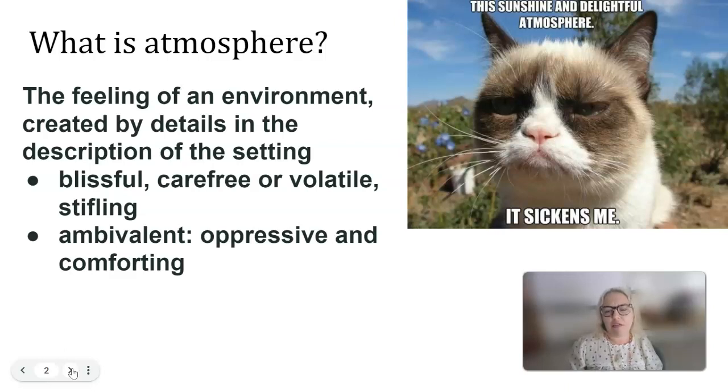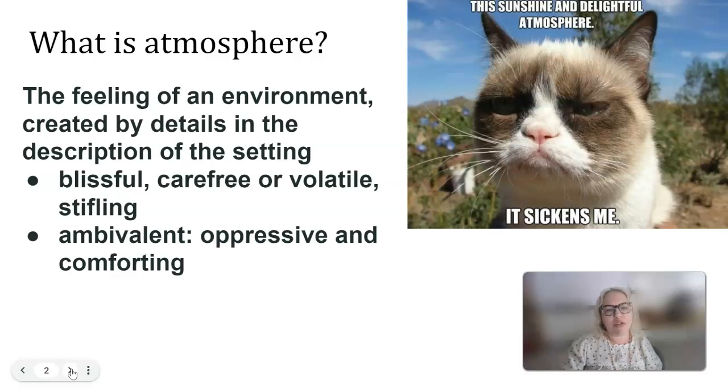Not only the lack of opportunity is oppressive, but just the heat and all of those things combined to make it feel oppressive. But then there's also that comforting aspect, because this is home for the narrator, for Ward, and this is where her family is. All right, so those are different ways to describe atmospheres from things we've already read.